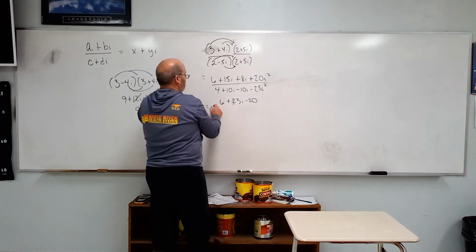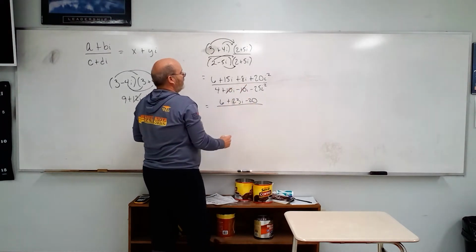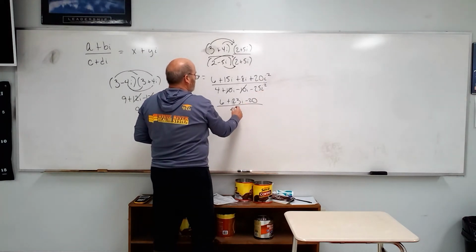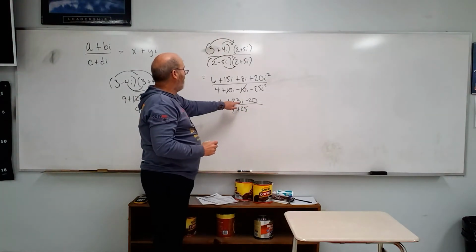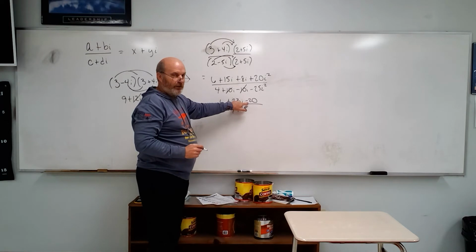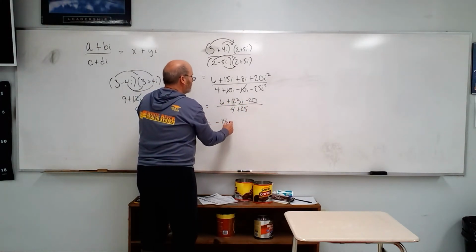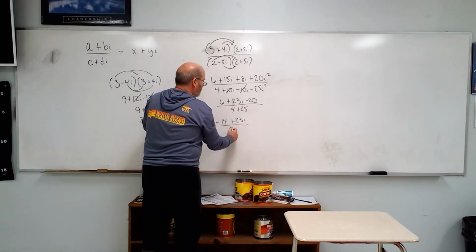And in the denominator, my 10i's cancel out. Negative 25 times i squared is negative 25 times negative 1, which makes positive 25. So my denominator becomes 4 plus 25. Now, 6 and negative 20 are like terms. So this becomes negative 14 plus 23i all over 29.